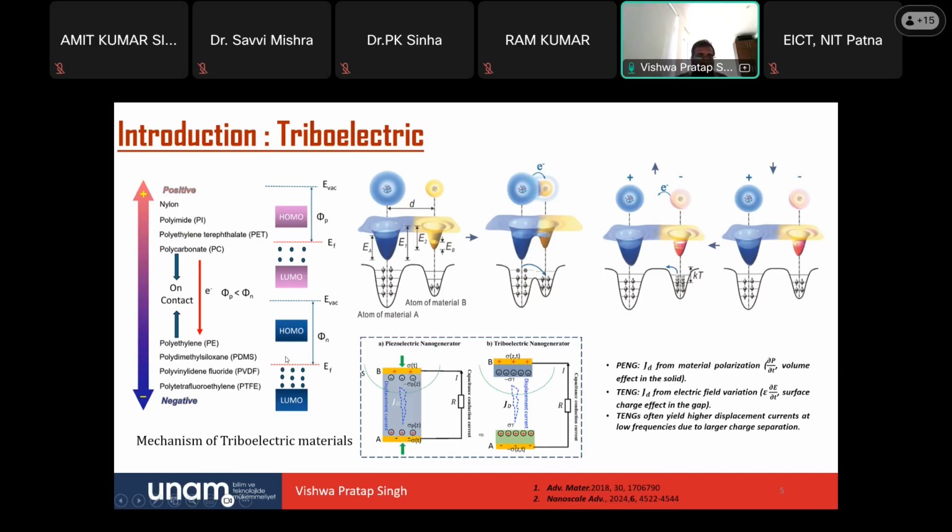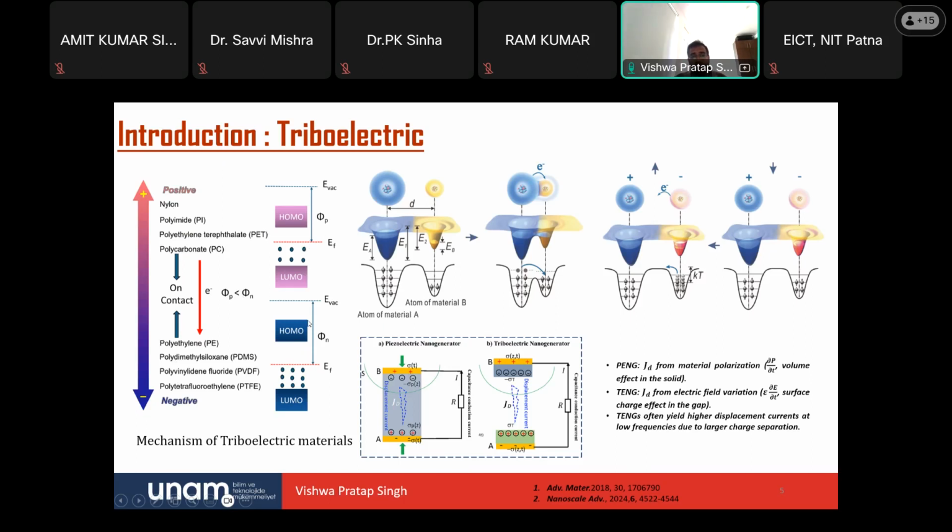Let's say in the case of PVDF, it has fluorine, and fluorine is a highly electronegative material that wants an electron, so this is a tribo-negative material. In the case of PC, the work function is very low. You can easily get the electron out of it compared to PVDF, so PC becomes positive compared to PVDF.